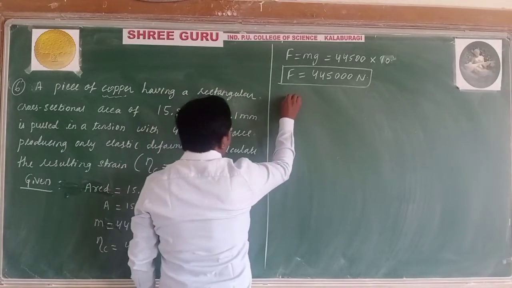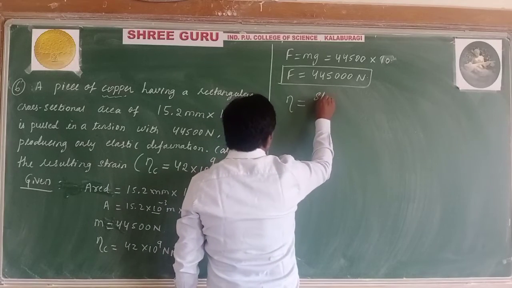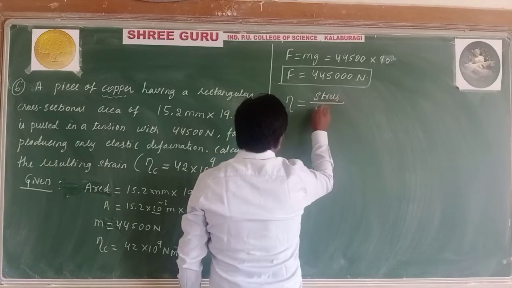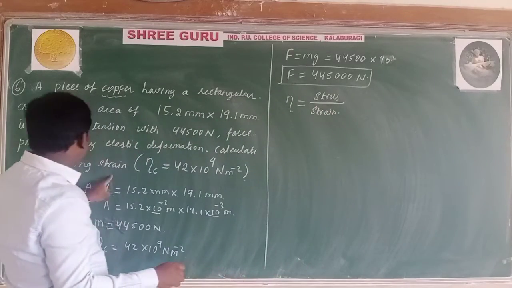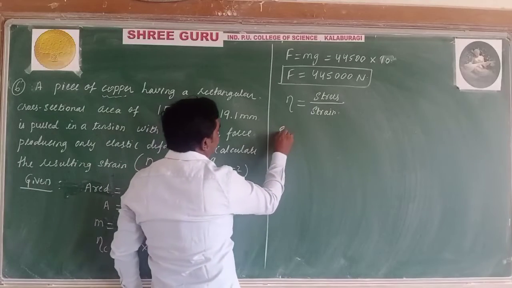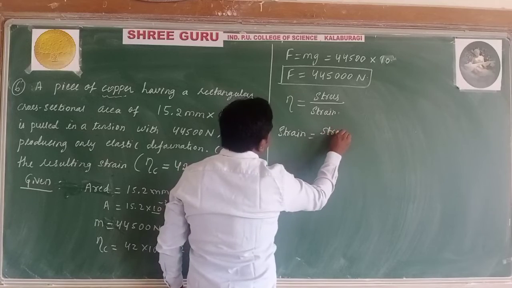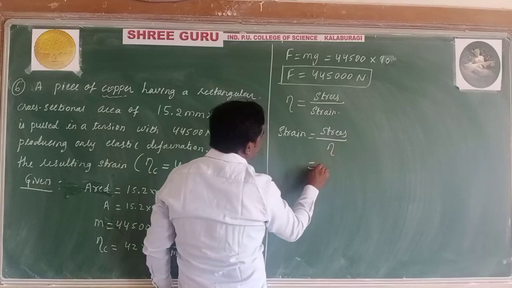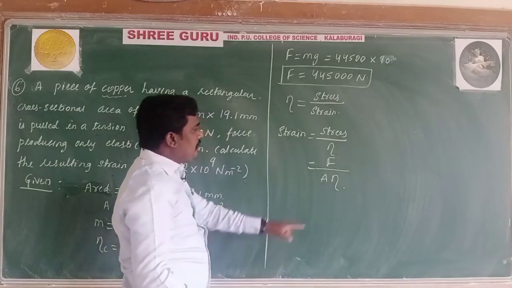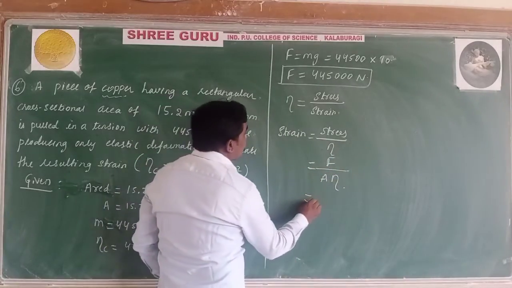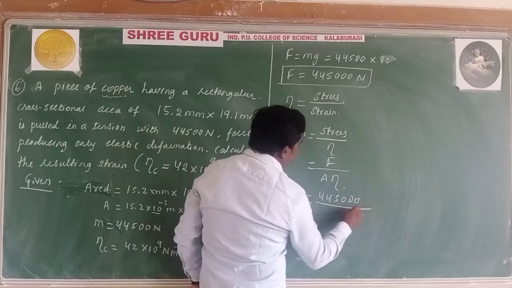Now what is the formula? Shear modulus is equal to shearing stress by shearing strain. Already we know this formula. We want the resulting strain, which is equal to stress by shear modulus. Stress is force acting per unit area. Now force is 445,000 divided by area.